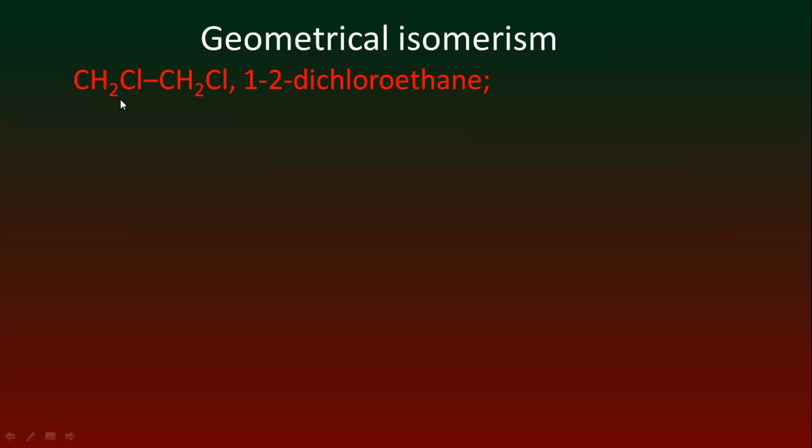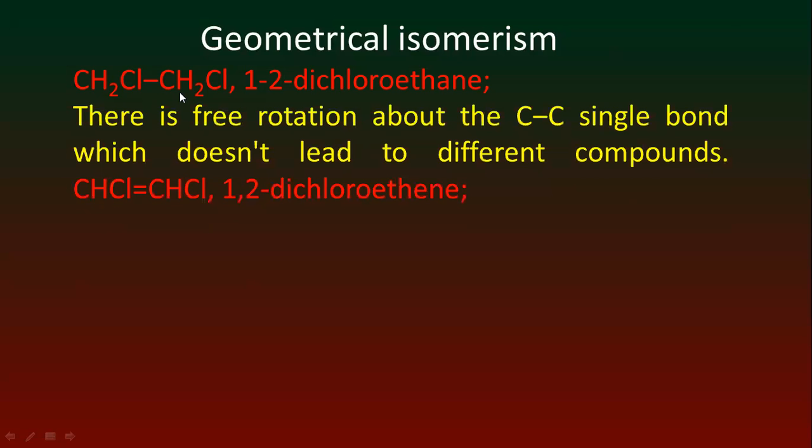That's why the first condition is not satisfied. So we can say that this compound, 1,2-dichloroethane, doesn't show geometrical isomerism. There is free rotation about the carbon-carbon single bond, which doesn't lead to different compounds.